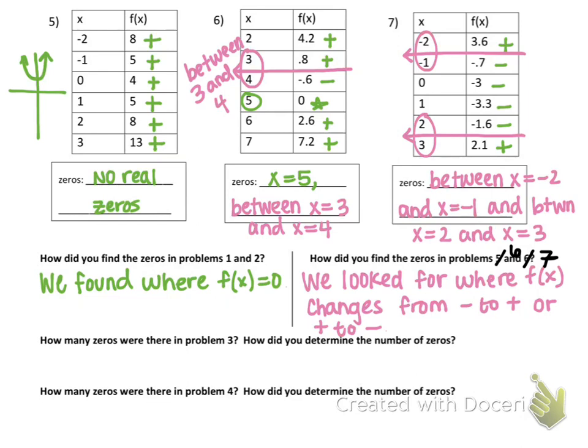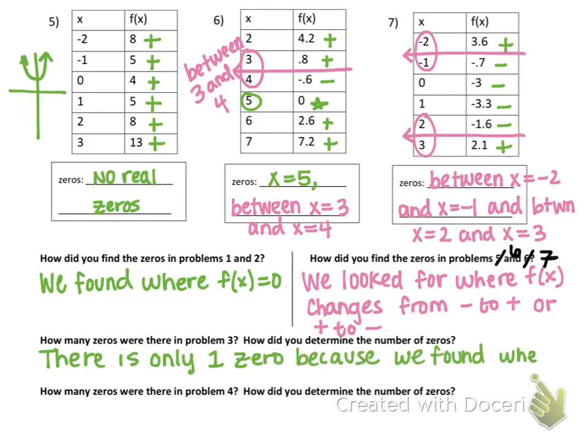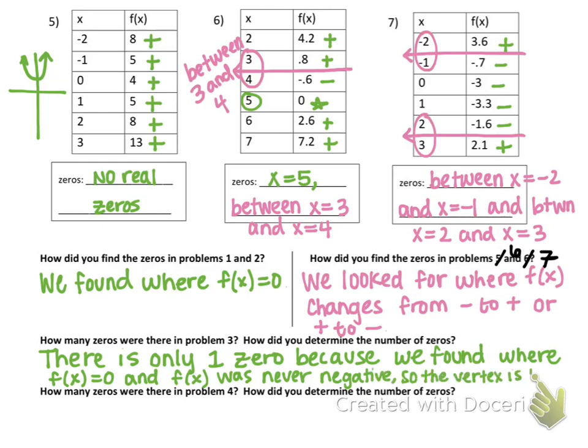How many zeros were there in problem 3? In problem 3, there's only one 0 because we found where f of x was equal to 0 and the other values were never negative. So that means that our only 0 is the vertex and it was on the x-axis.